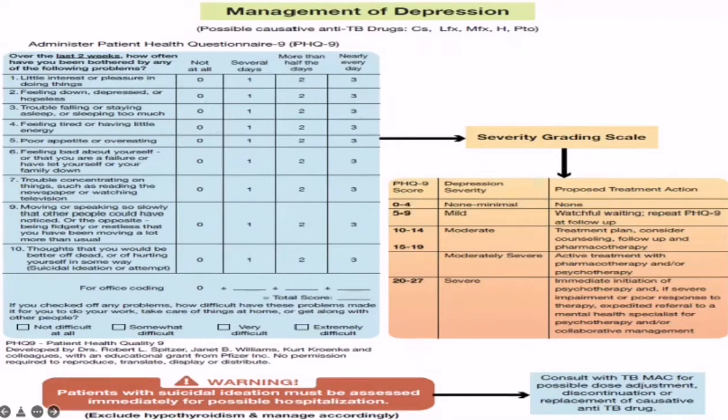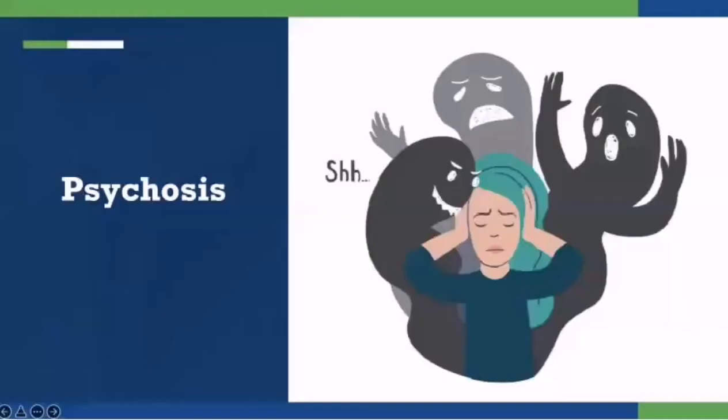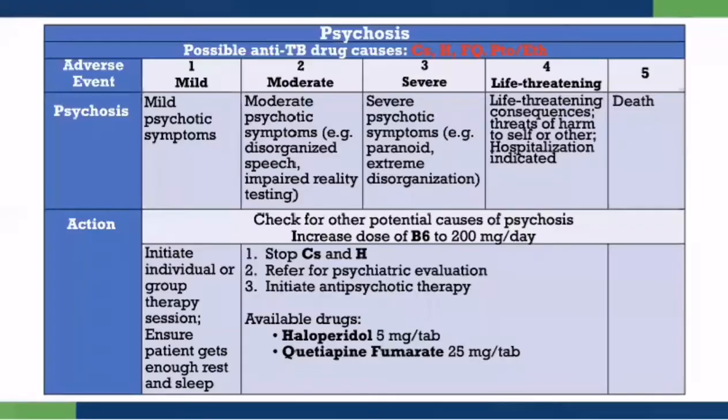Now, psychosis is somewhat similar to depression because of our drugs. The possible anti-TB drugs will be your cycloserine, isoniazid, fluoroquinolones, prothionamide.